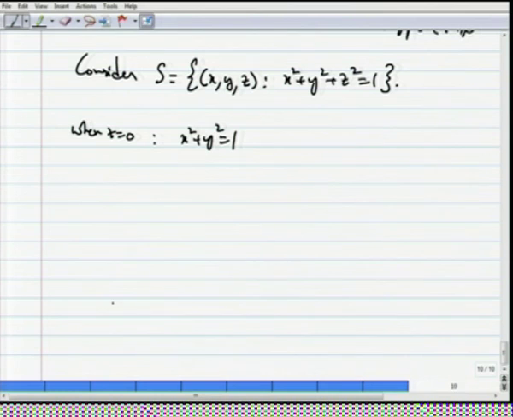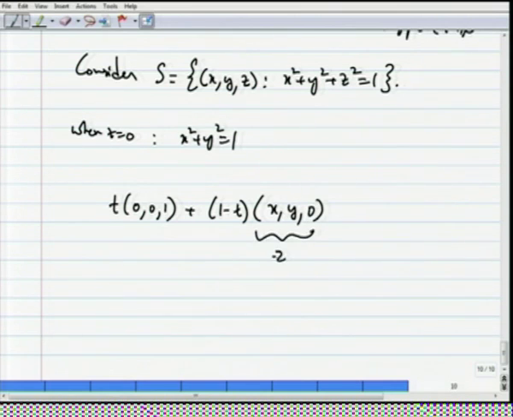To do that, you consider t times 0, 0, 1 plus 1 minus t times x comma y comma 0. This is the north pole, and this is the point z in the complex plane.